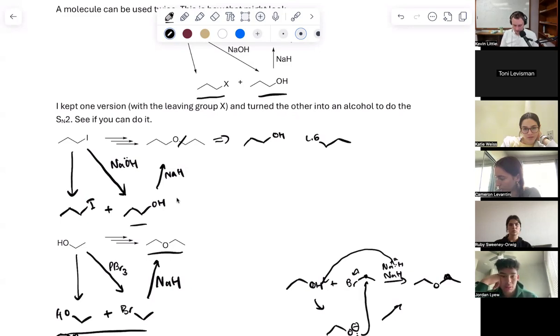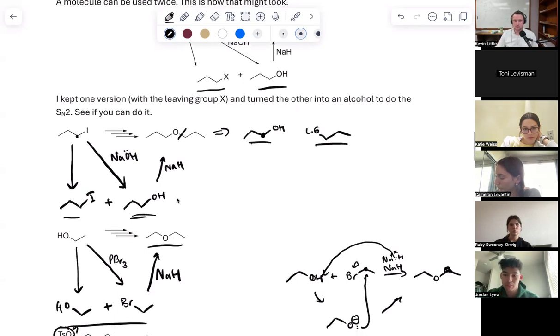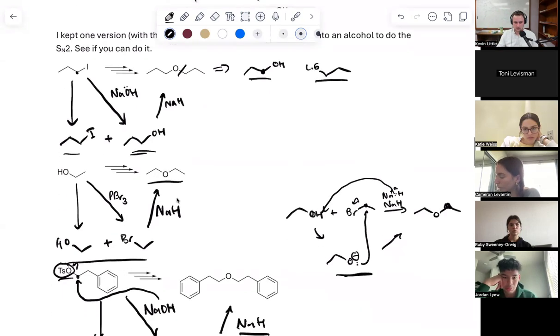And in this case, that OH is on the same carbon as the I, so I don't have to move it around. So this one's easy because it's pretty straightforward to make these. I don't have to move the heteroatom from one carbon to another carbon, so I don't have to do the elimination and addition again.